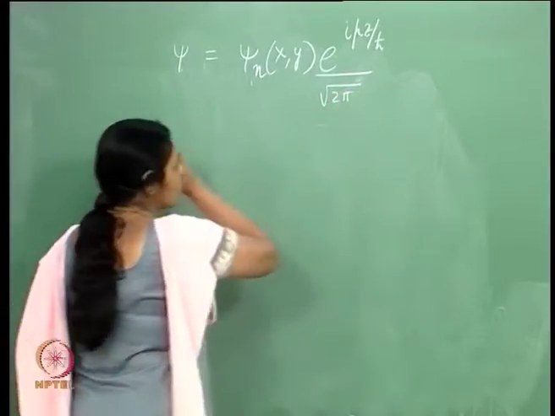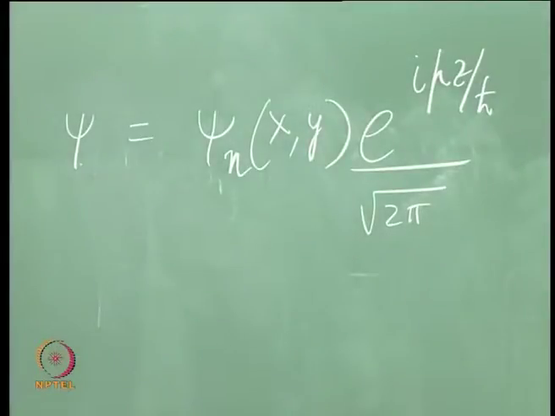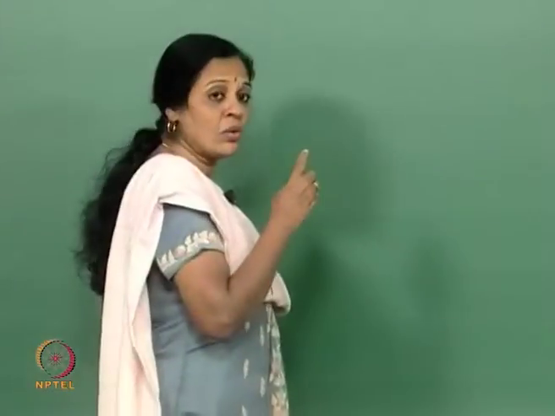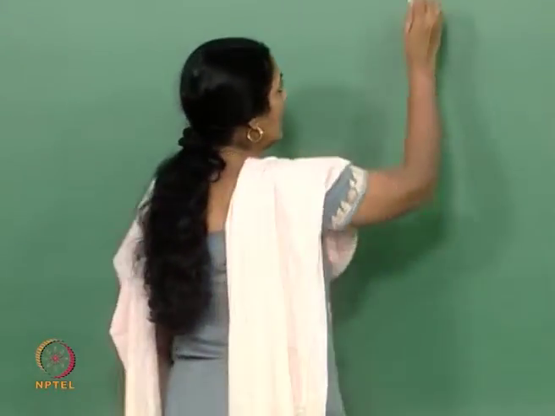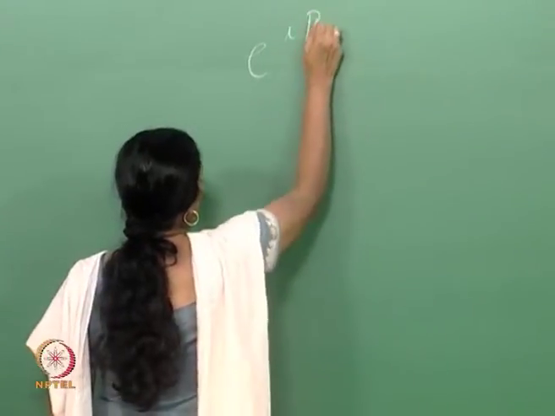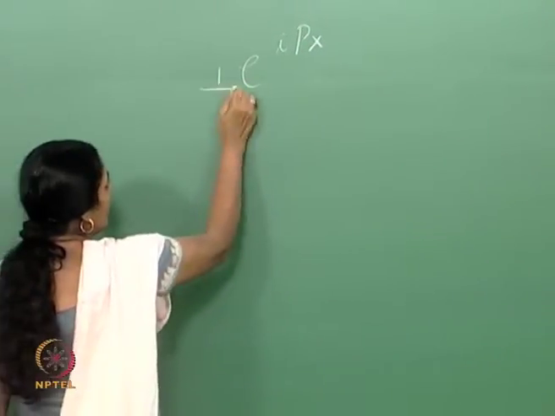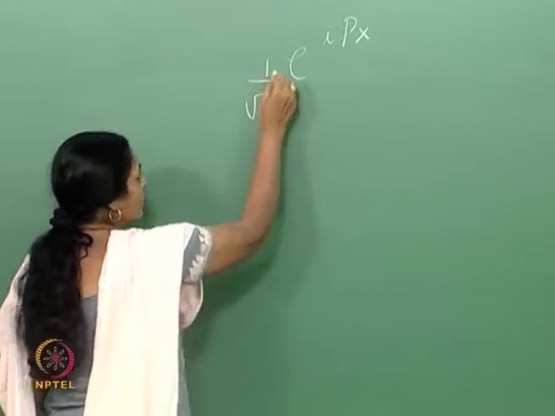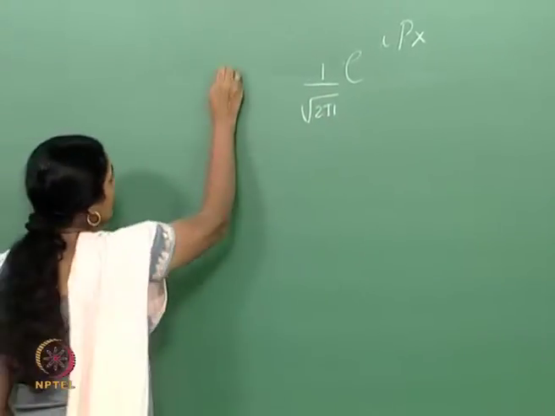It is usual to normalize that with a root 2 pi. Now how does a plane wave solution like, say, e to the i p x, pick up a factor 1 by root 2 pi?